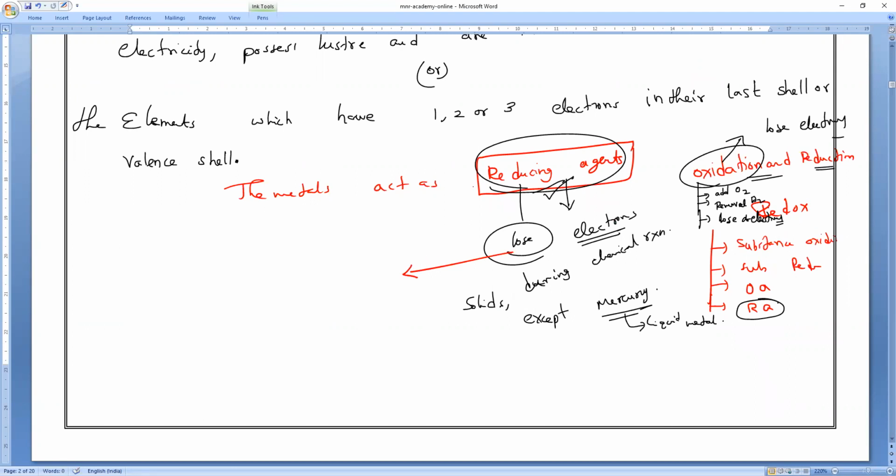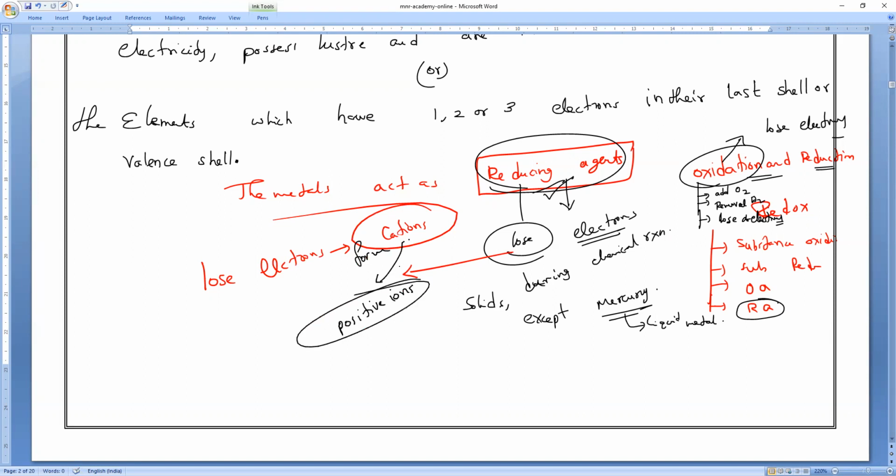By loss of electrons, as in chapter 1, they turn into ions. But what ions? That is very important. Cations. Metals lose electrons and form cations, which are positive ions.